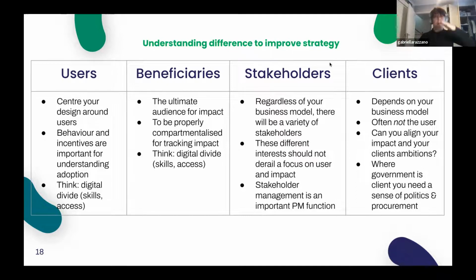So, the general public whose lives will be improved by more efficient procurement, the government whose objectives will be furthered by having more efficient procurement systems that allow for better delivery. Understanding beneficiaries is very important for trying to understand how to compartmentalize and package your impact.